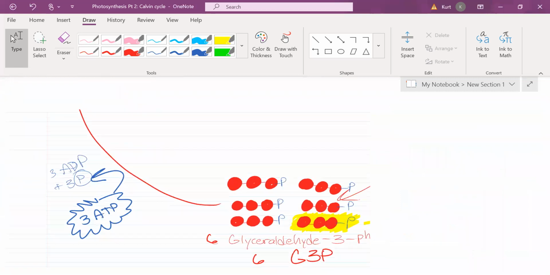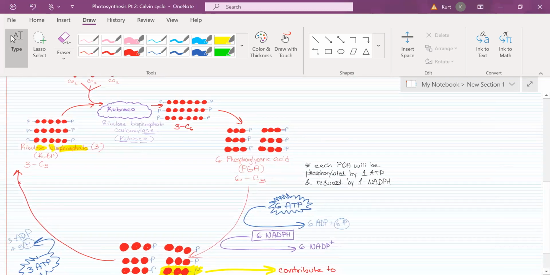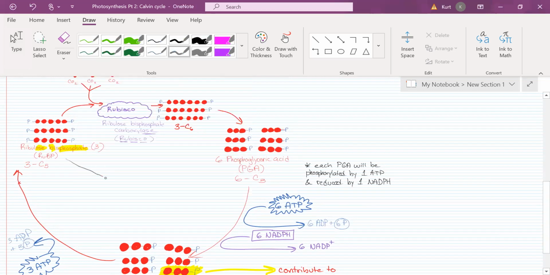Okay. So now that we have the entire Calvin cycle drawn, I'm going to break it up into the 3 stages, okay? Here we go. Between here and here will be stage 1. So when we're writing these notes that we're about to do, you can refer back to this diagram and identify which part I'm referring to.